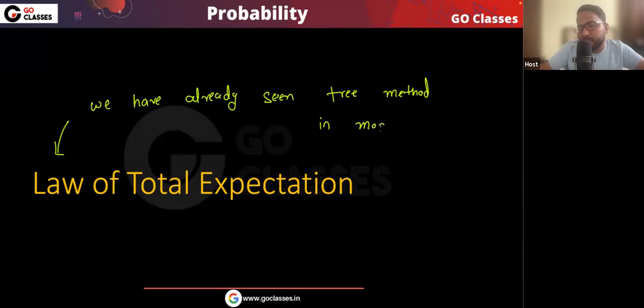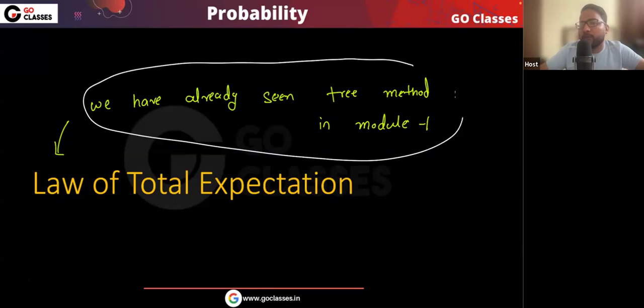By the way, let me tell you, this tree method that we taught in module 1 is one of the things that I liked the most in probability. It was one of my eureka moments for the teaching. I saw a few questions, and then I understood it in different ways, like if we expand the tree, or if we don't expand the tree to infinity.